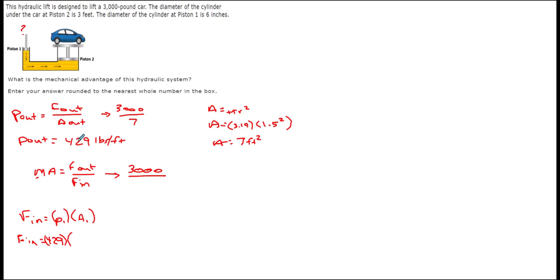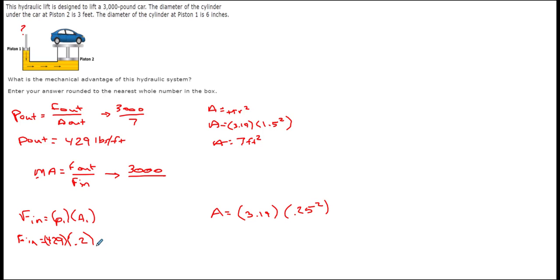We have 6 inches, so the area is going to be 3.14 times, not 6 inches, which is a half a foot, but we need half of that, so 0.25 squared. 0.25 squared times 3.14 is, we'll say, 0.2, so it has an area of approximately 0.2.